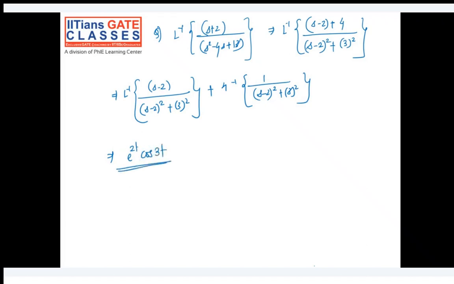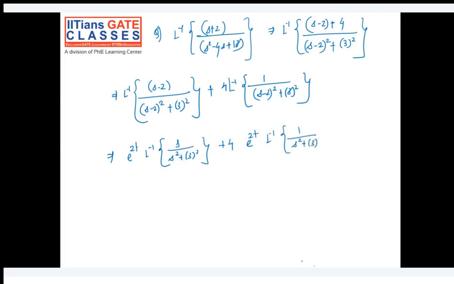So basically, in simple words, e to the power 2t inverse Laplace of s divided by s square plus 3 square, and here 4 times e to the power 2t into inverse Laplace of 1 divided by s square plus 3 square.